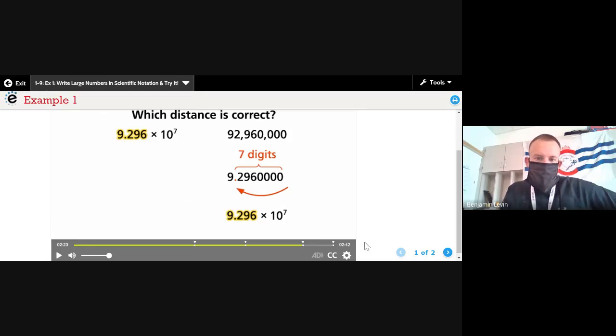Because if it was more than 10, then we would have to add a number in the power, basically, right? If it was 92.96, it would be times 10 to the 6th, because the decimal point would be here instead of here. So we always want to write it with only one number in the ones place to the left of the decimal. If it were greater than 10, you could have used a greater power of 10 for the second factor.